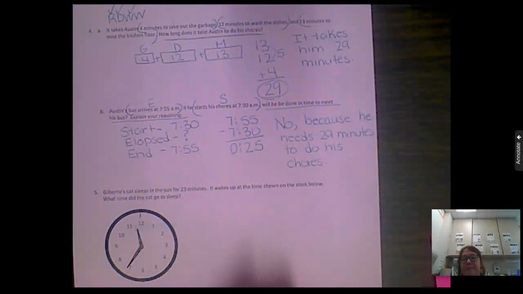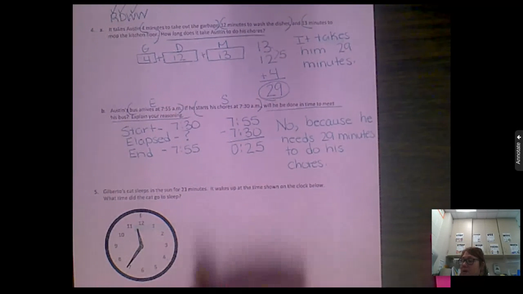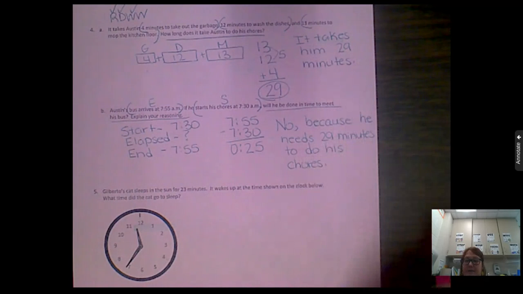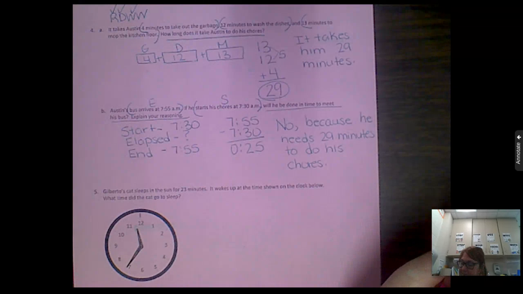Period. Make sure for all of our word sentences, we are beginning with a capital letter and ending with a period. I didn't say that, I don't think. That's always something that I harp on, right?